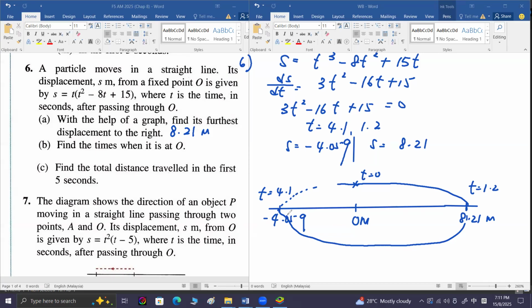When it is at O, it is at O not only when t is 0; you still need to find what is the t that makes it go back to 0 again, going this way. So that one you can use with the help of the table. With the help of the table later, there is still some value not yet shown.